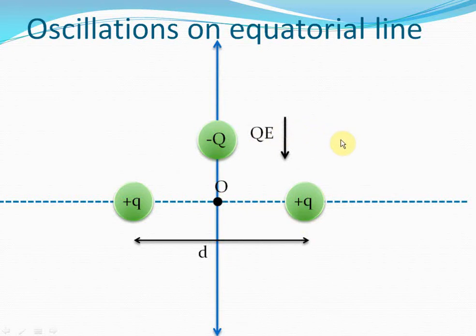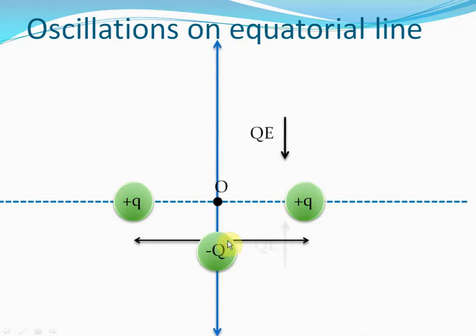So when I place this minus Q charge somewhere on the y-axis, its tendency will be to be pulled back towards these two positive charges. So when I release it, it gets pulled back and then it goes on the other side of the two positive charge system. When it goes on the other side, the net force on this minus Q charge now acts upwards.